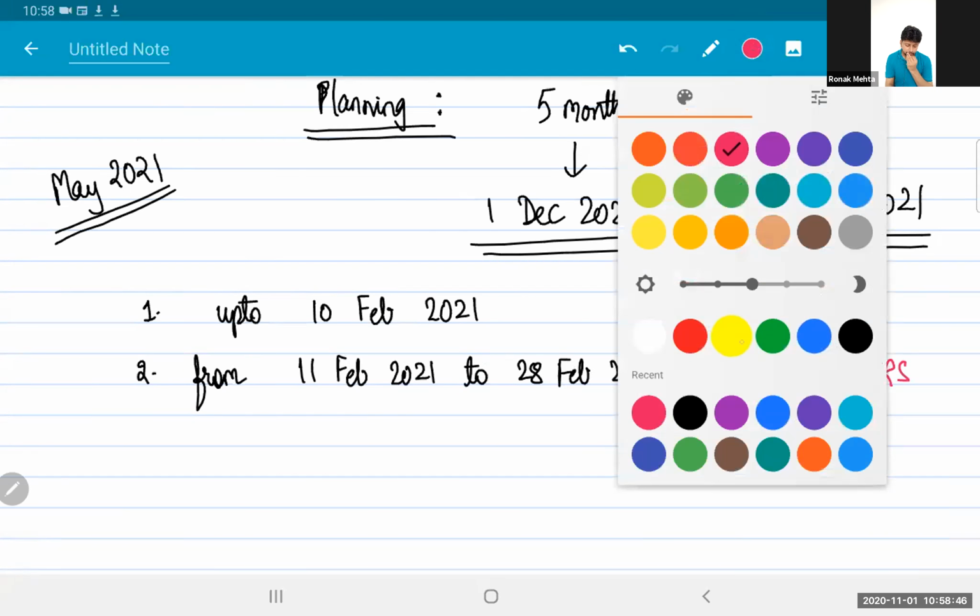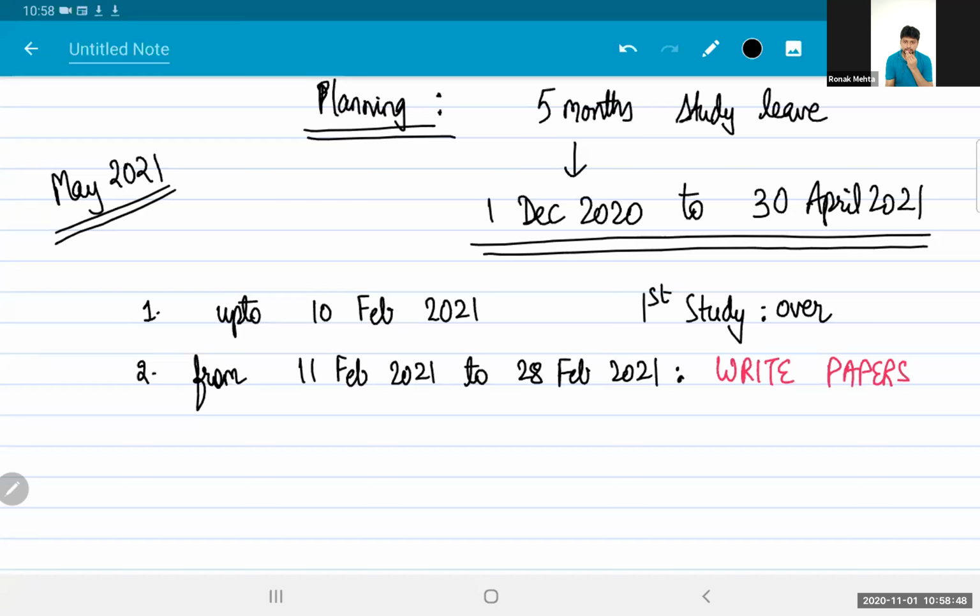And you will write papers in the exact same manner as the ICAI timetable. So from 11th February to 28th February, select any 8 days, keeping a gap of 1 day.